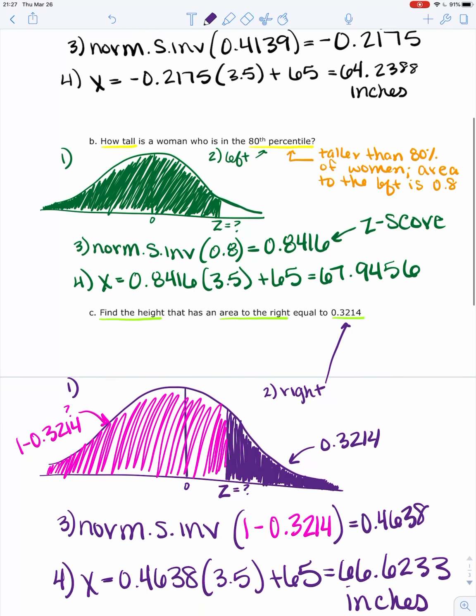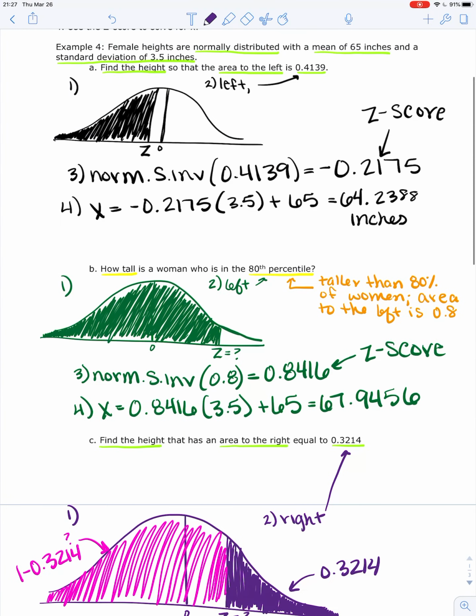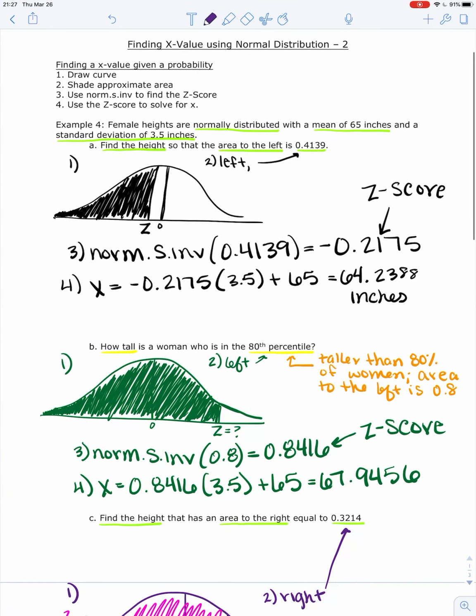Percentile means area to the left. If you've been given the area to the right, you need to start shading on the right and then find the complement to get the area to the left, because that's what you need to plug into norm.s.inverse. So here are 3 examples of how to do this, and then there's one more video which will show us what if we have the area in the middle of a distribution.